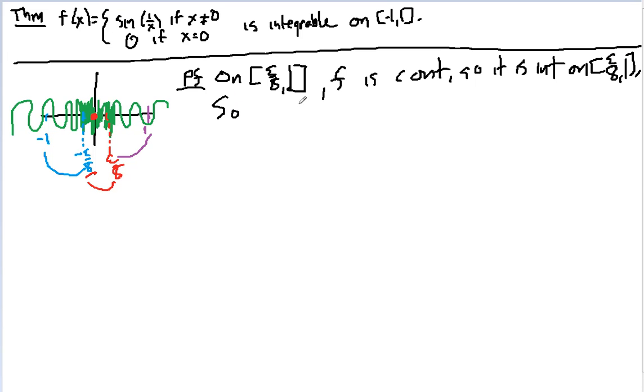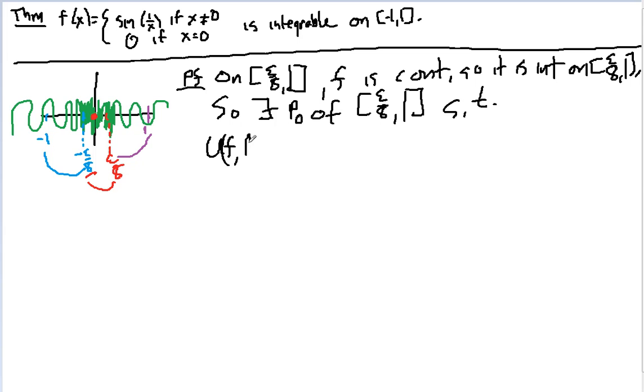So there exists a partition p0 of epsilon over 8, comma 1, such that uf of p naught minus, I should start my proof with let epsilon be bigger than 0. And then epsilon over 8, all this stuff makes sense.